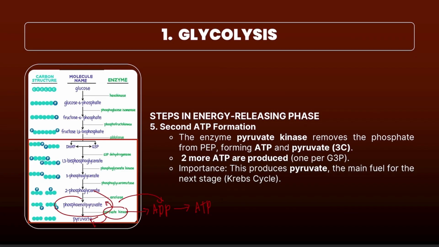Since we have two PEP molecules, it makes 2 ATP. So here we have 2 ATP and 2 pyruvate molecules. And these pyruvate molecules will now move into the mitochondria for the next stage, called pyruvate oxidation.